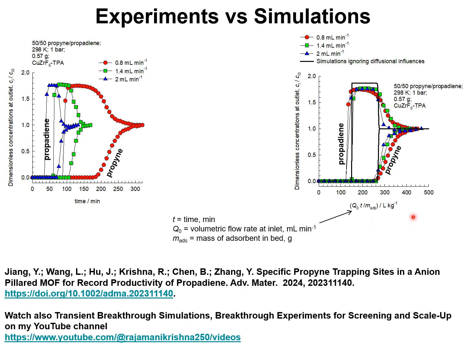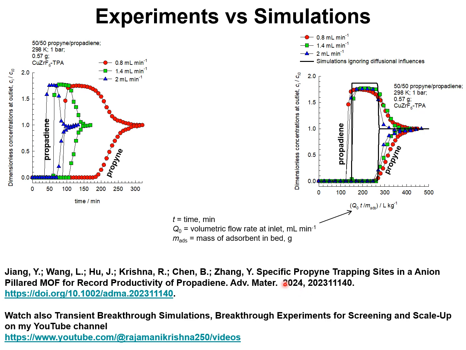This modified time parameter should, in theory, account for differences in the flow rates at the inlet and differences in the masses of adsorbent, should that be relevant. We see that the three sets of data collapse more or less to produce a unique curve, indicating that at first sight the data are consistent and can be analyzed further.